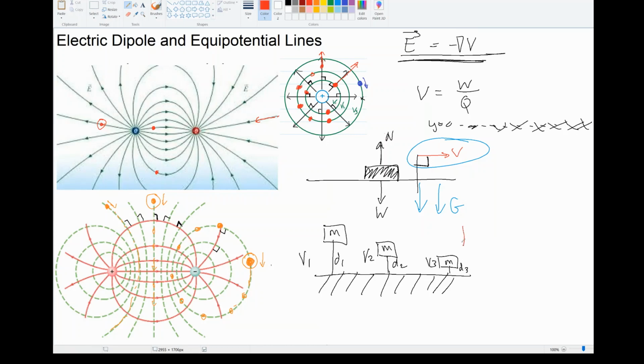But here's the gravitational field. So does it require more work to lift the mass this high, or this high? Well, the longer you go against the field, the more potential you're giving it, right? Same thing here. The more you go against the field, so going up to V1, the more potential it has, the more work you've had to do.